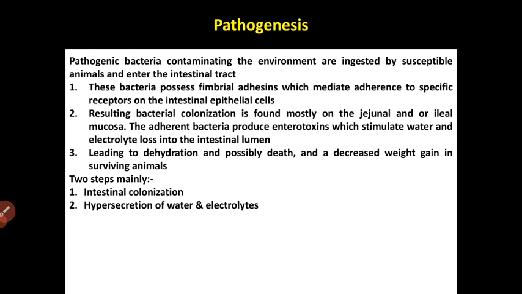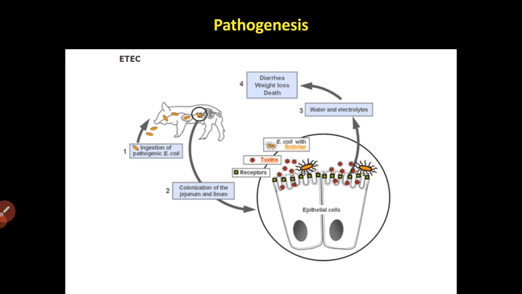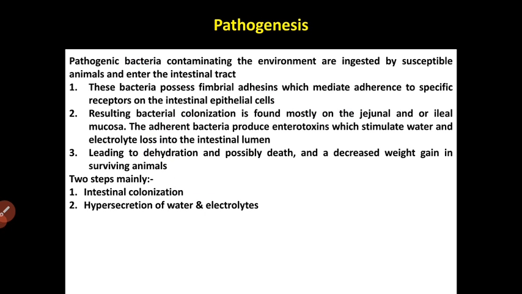Now, pathogenic bacteria contaminating the environment are ingested by a susceptible animal as shown in the figure, and they enter the intestinal tract. These bacteria possess fimbrial adhesins which mediate adherence to specific receptors on the intestinal epithelial cells. Understood? You can see this image over here. Resulting bacterial colonization is found mostly on the jejunal and or ileal mucosa.